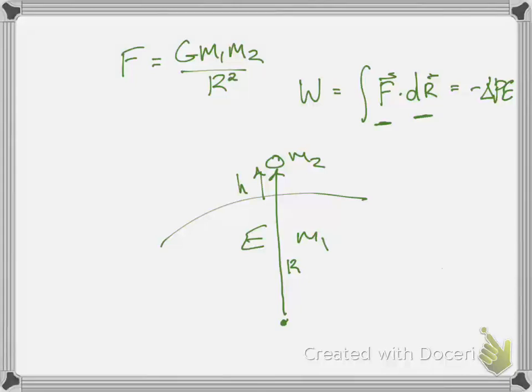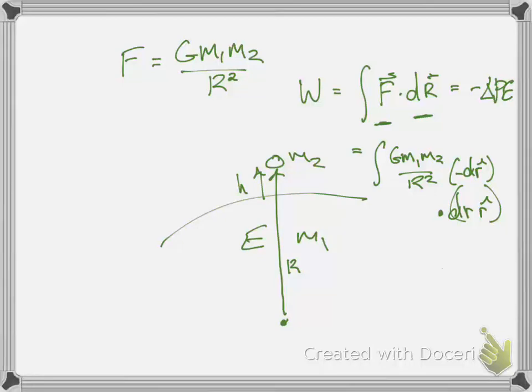So the way the signs work out is a little bit complicated here. We've got a bunch of negative signs because this is a vector equation. Work equals F dot dr is a vector equation. Remember, F has a direction of minus r hat. dr has a direction of r hat. So we can rewrite this as the integral of G m1 m2 over r squared times minus r hat dotted with dr times r hat.